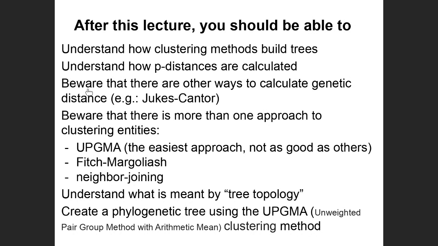It's just to convey the idea of how it's done. And here, when I say beware, I just wanted you to know that there are other ways of calculating the genetic distance. So Jukes and Cantor were mathematicians who said, well, I think we should make these corrections to this too. And you don't have to understand the corrections. If you're not a math major, you might go, oh, when I show that slide, that's okay. Even math majors go, oh, but then they actually go through it and they go, oh, I see.